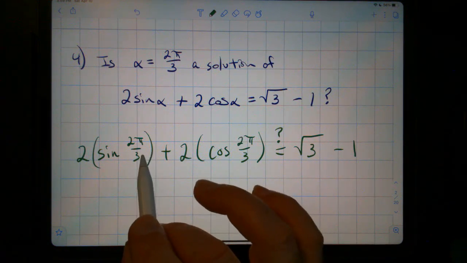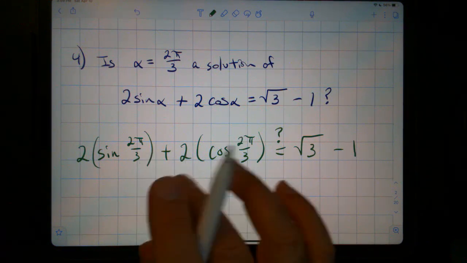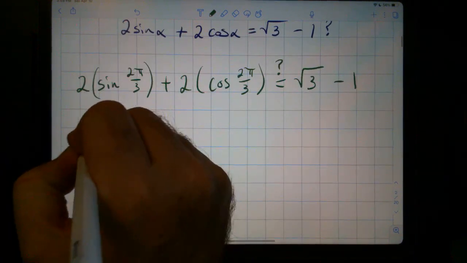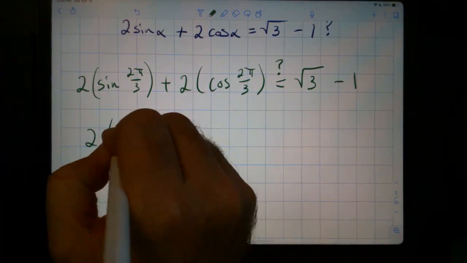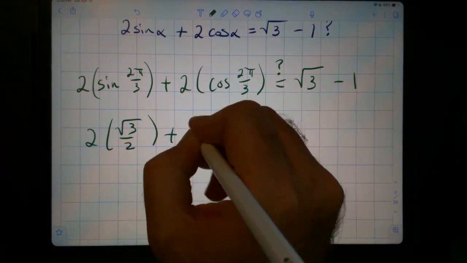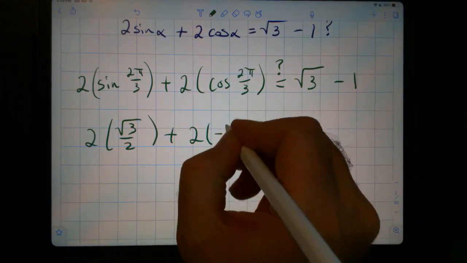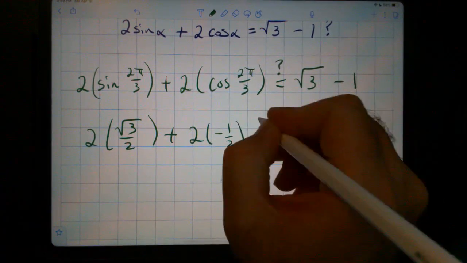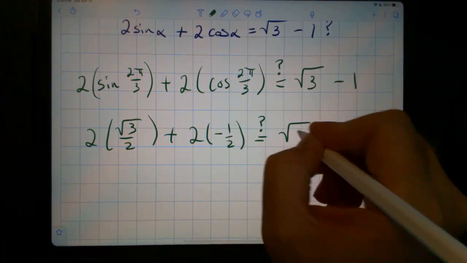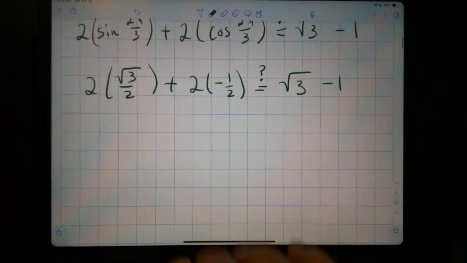So sine of 2 pi over 3 is radical 3 over 2, plus cosine of 2 pi over 3, this is going to be negative 1/2. And is this equal to radical 3 minus 1?